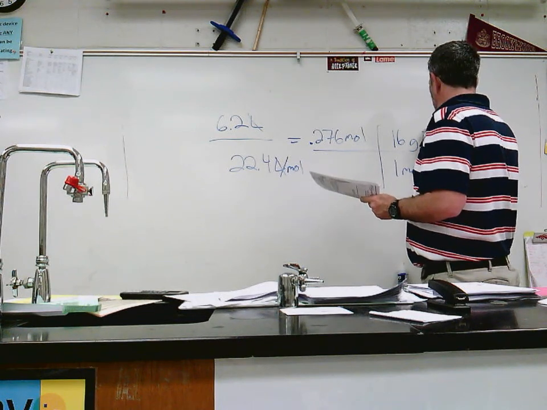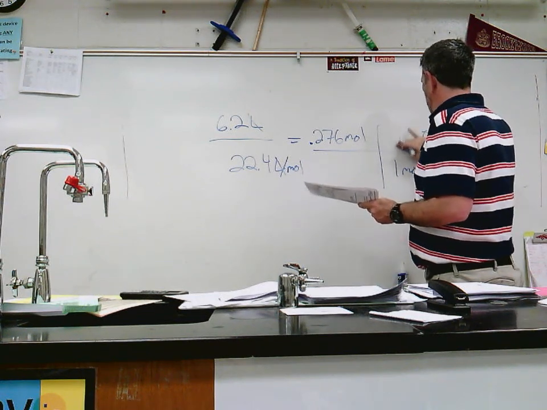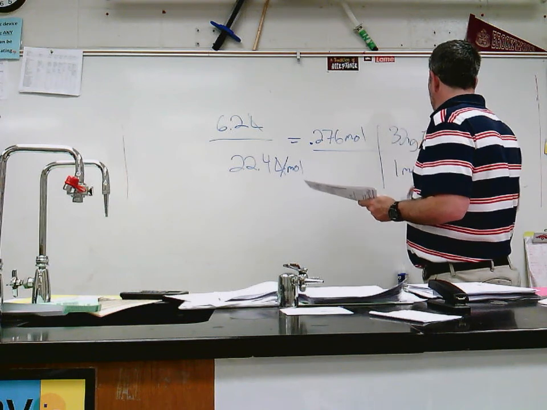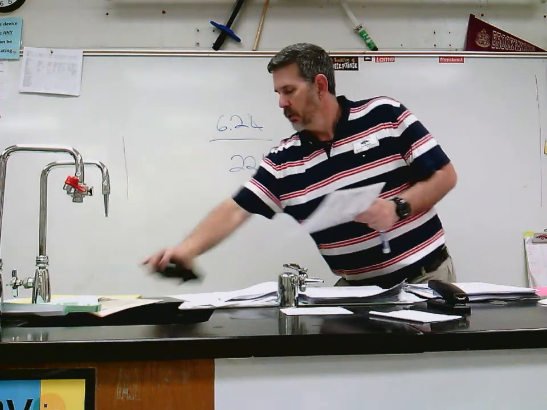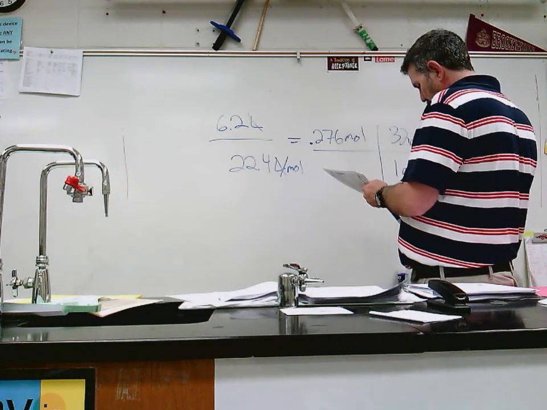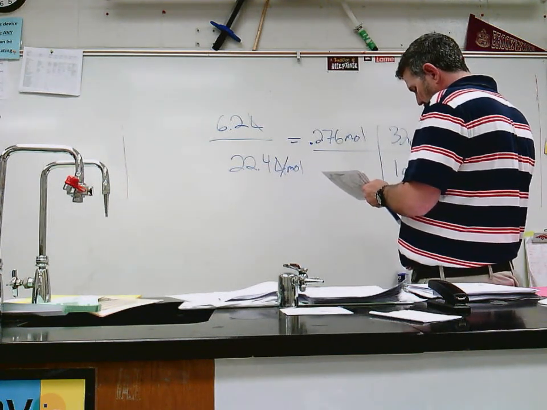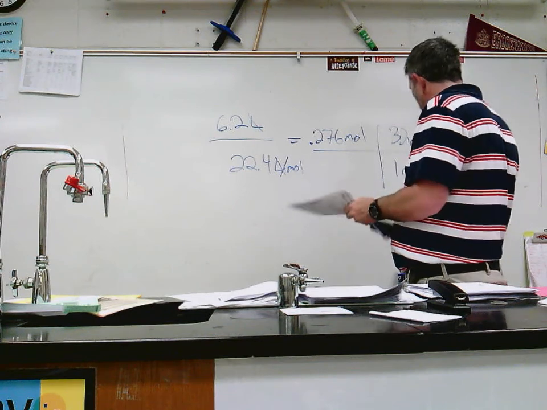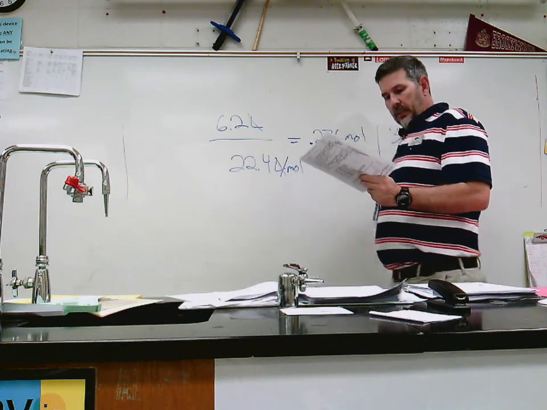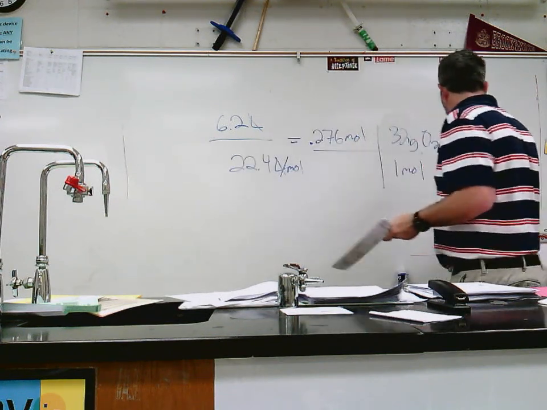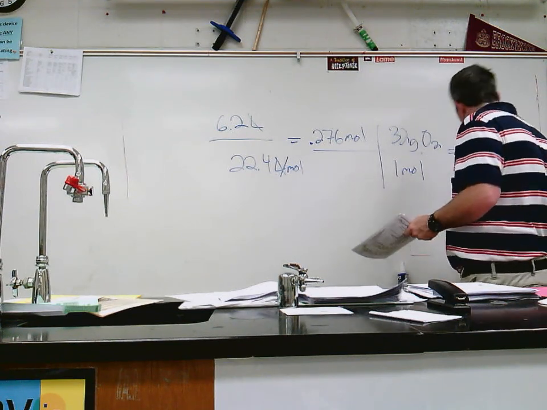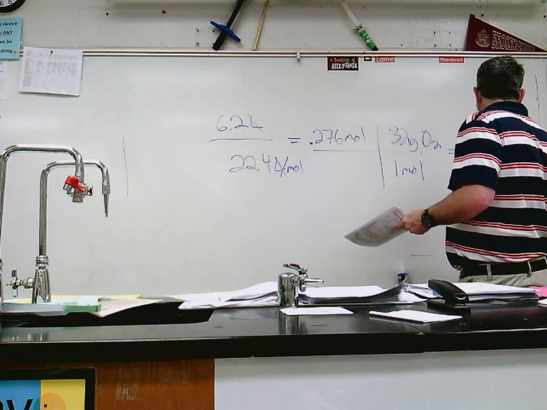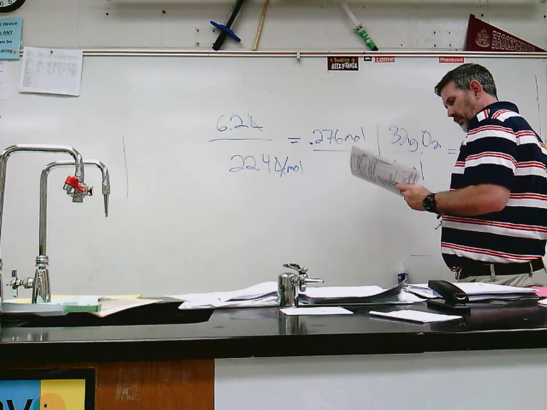Oxygen gas. Ooh, no, 32 grams of oxygen gas. So what is 32 times 0.276? It is 8.832 grams. I think I agree, yeah.